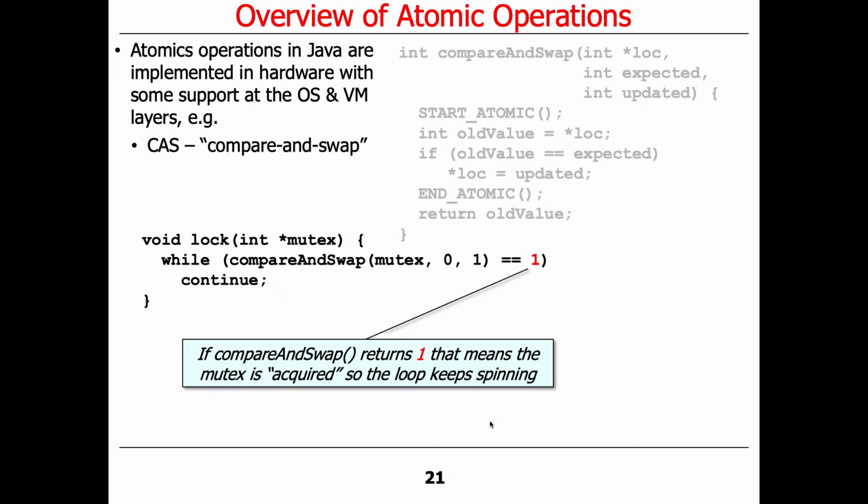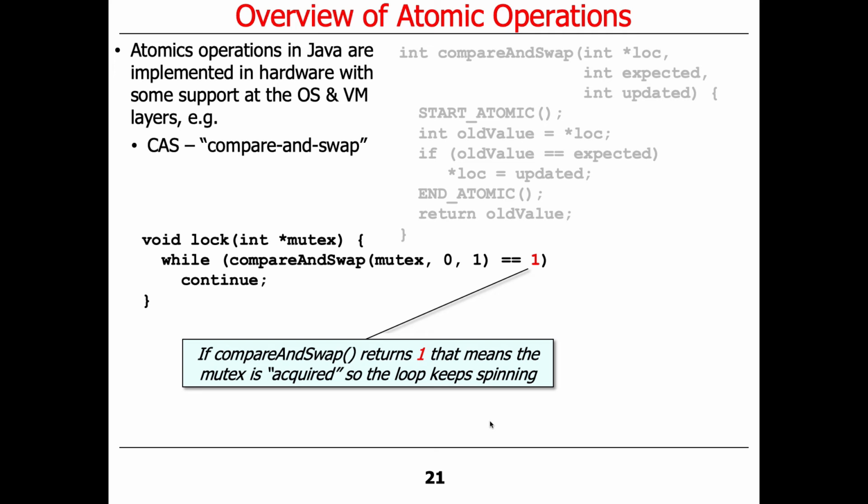So when the lock is in use, the value of that location is set to 1, which means it's in use. When it's available, it's 0, which means we can get it. So if every time we call compare and swap, saying if it's 0, set it to 1, and it returns 1, that means somebody already holds it. And so we have to just sit there in a busy wait, spinning, spinning. So that's what's called a spin lock.